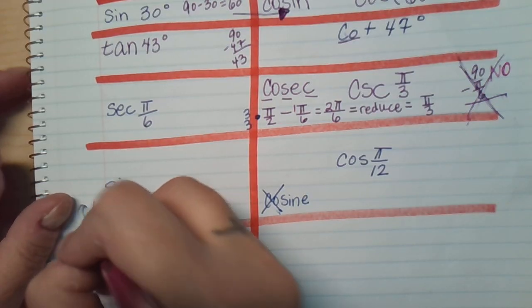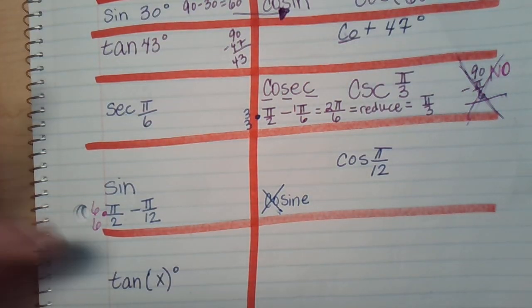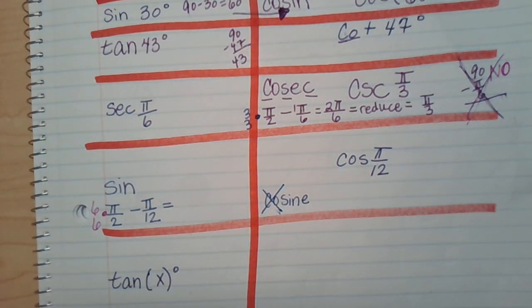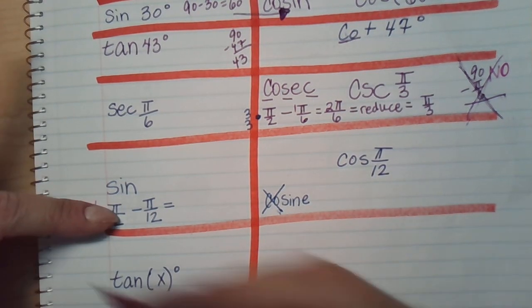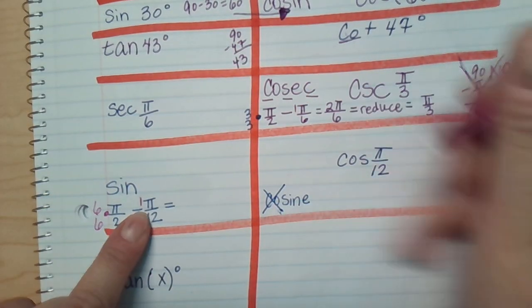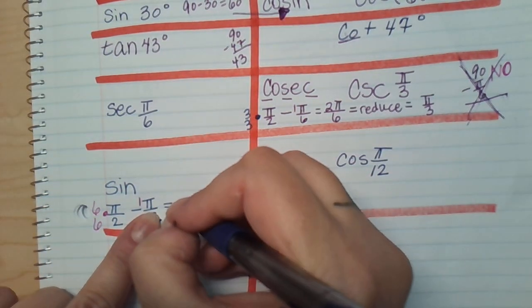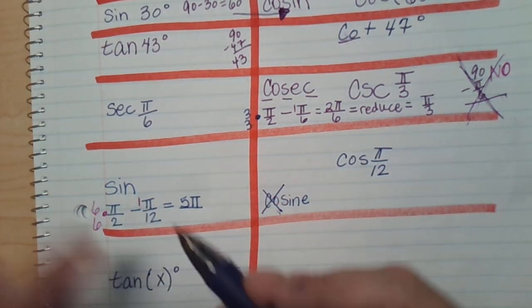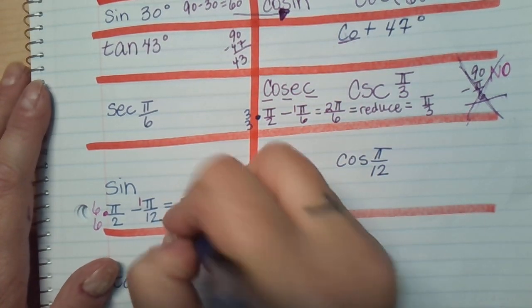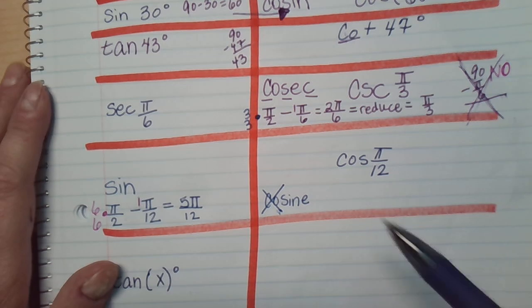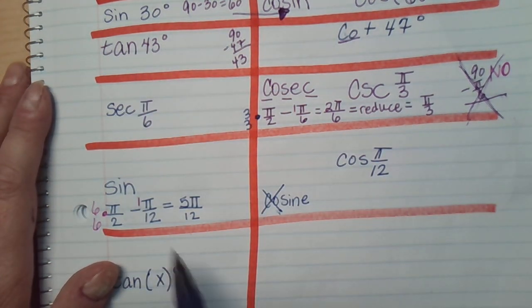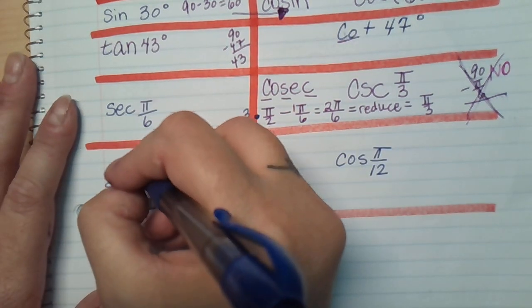I need to multiply by a 6 because that way my bottoms will both be 12. Now let's see if we can subtract. I'm going to have 6 pi minus 1 pi. 6 minus 1 is 5 pi, and both of these denominators are 12. So the cofunction of cosine pi over 12 is sine 5 pi over 12.